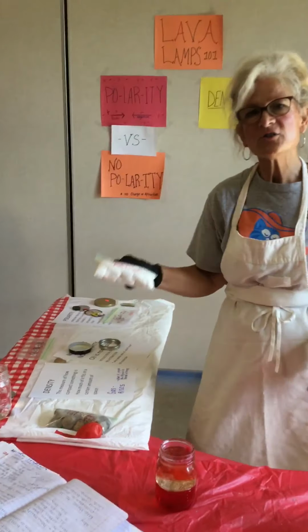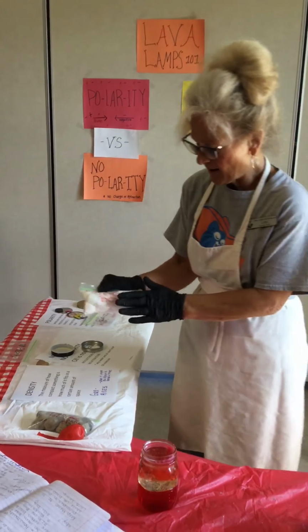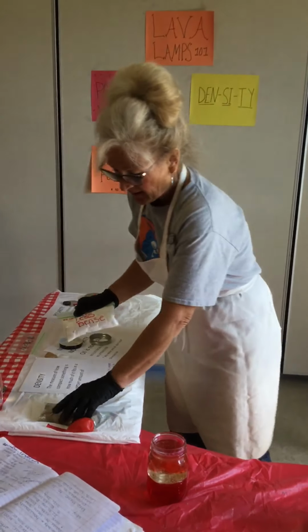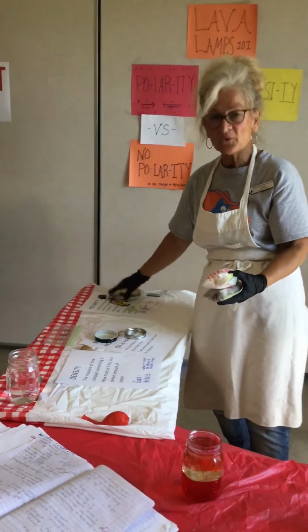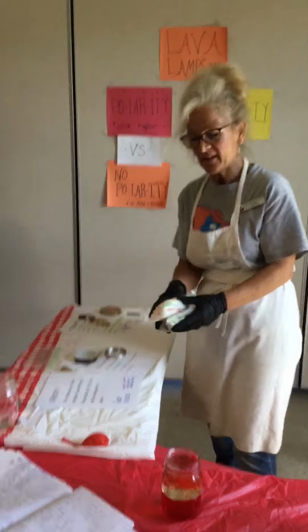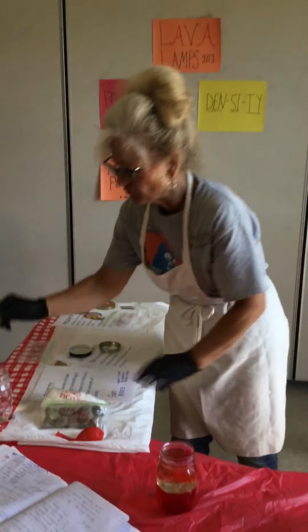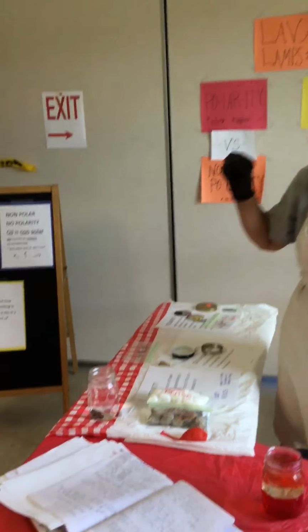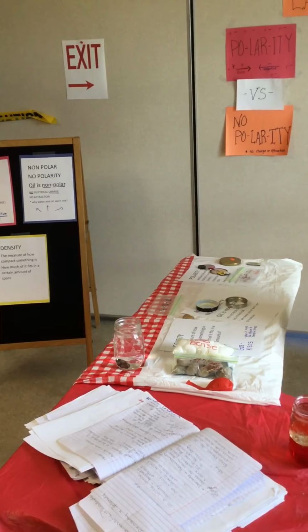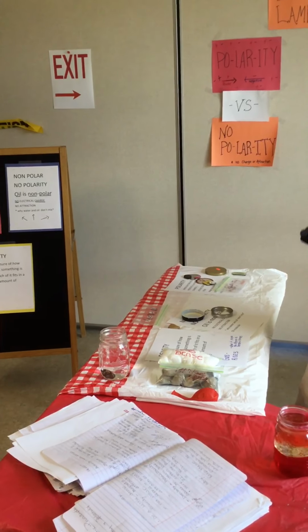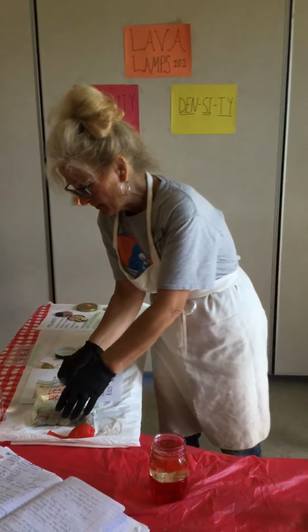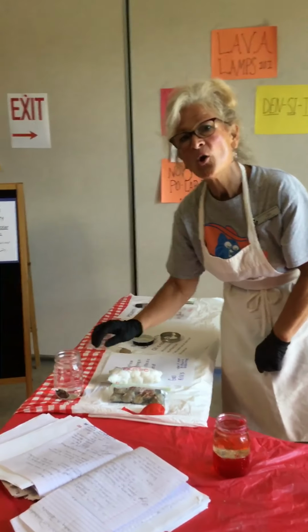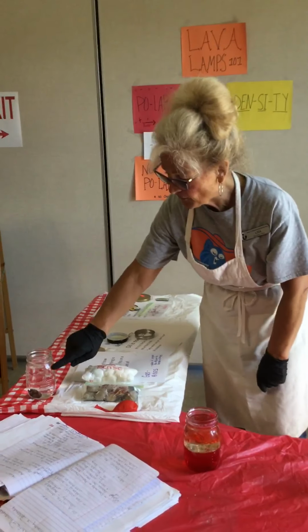I have 32 cotton balls in here, and I have 10 rocks. Now, just like I was showing you, that water was more dense. So it's going to drop to the bottom because it's not necessarily just heavier, it's actually denser.